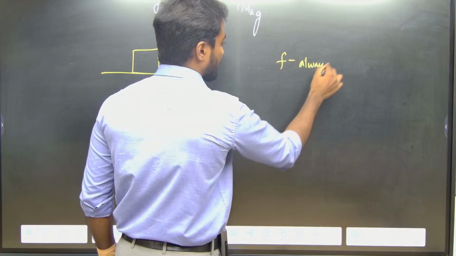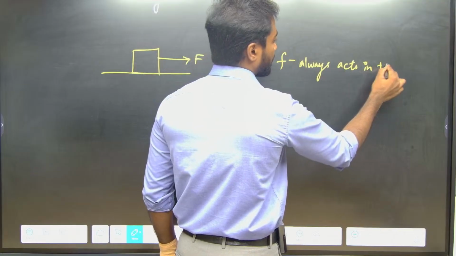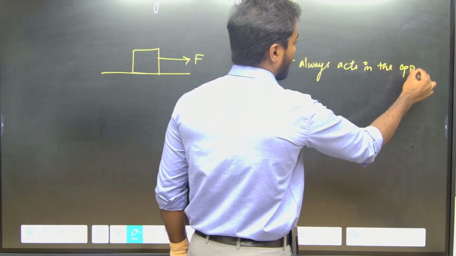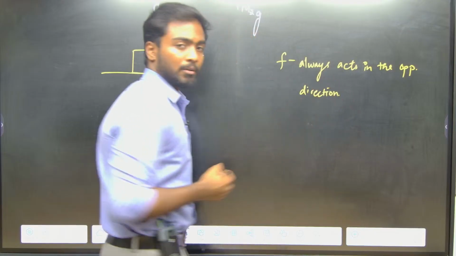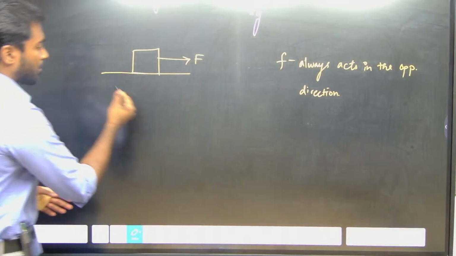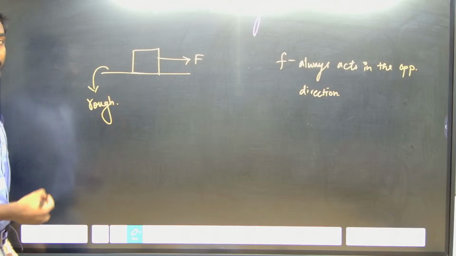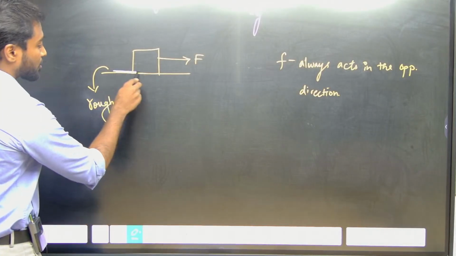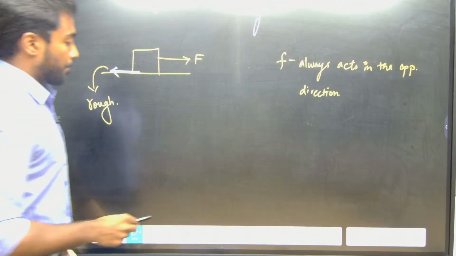Always acts in the opposite direction. Got it? So if I am going like this, if this is a rough surface, friction will be acting in this direction, no? Right? Okay.